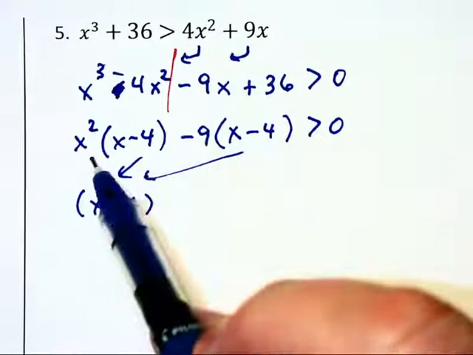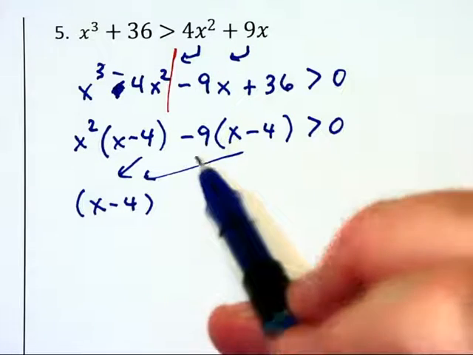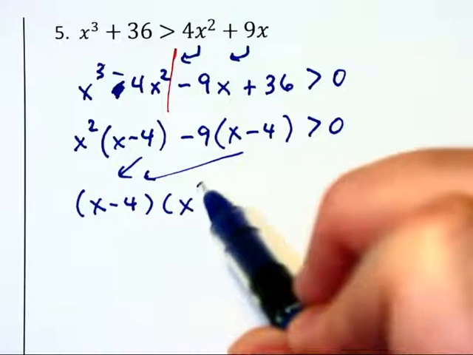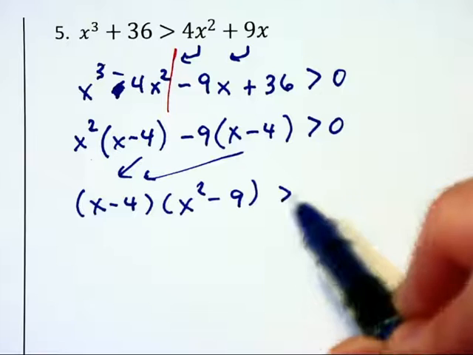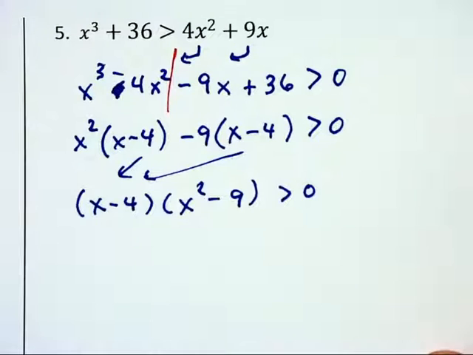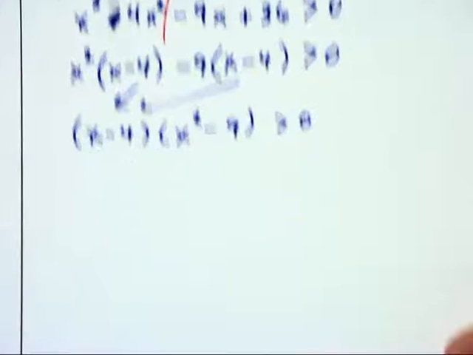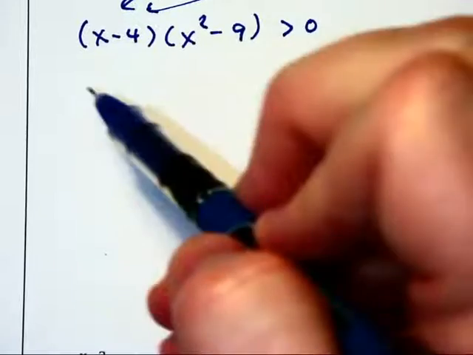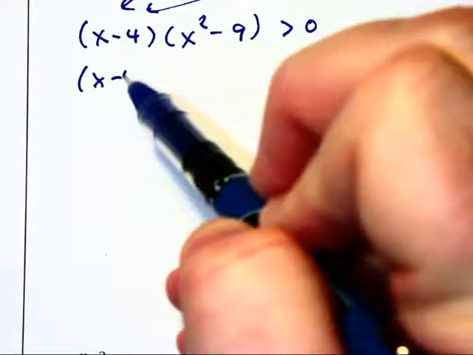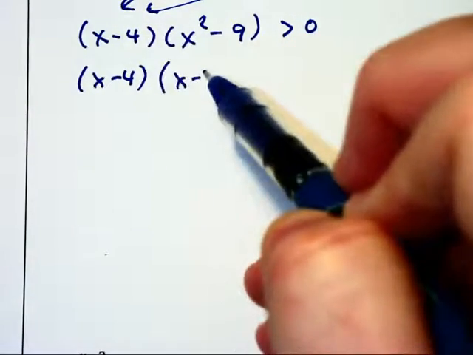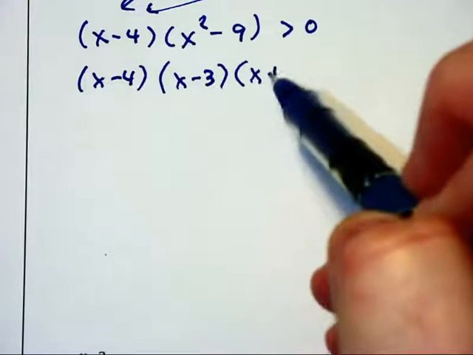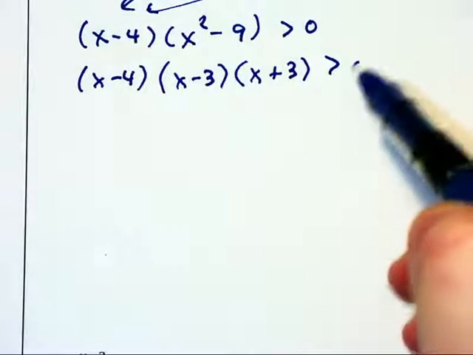I'm left with x squared in the first half of the parentheses and minus 9 in the second half. So there we have it factored by grouping, but I can go a little bit further because x squared minus 9 is the difference of two squares. And so I've got x minus 4 times x minus 3 times x plus 3 is greater than 0.